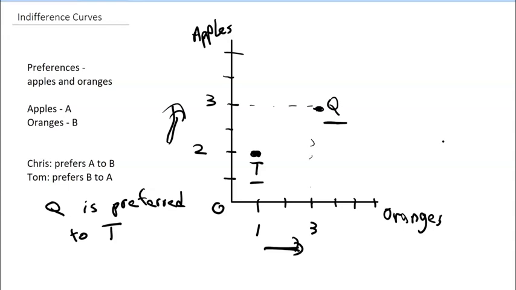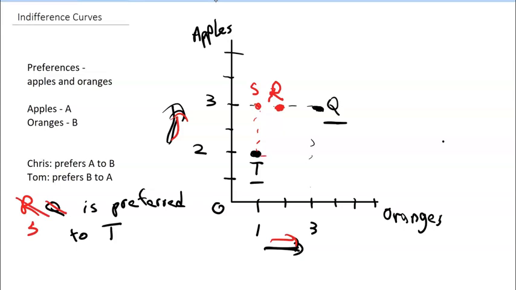Since Q is preferred to T, if I move to another point like here, this point has definitely more apples and more oranges. So this point R is also preferred to T. Same thing, I can go all the way up to this point, let's call it point S. S has more apples and fewer oranges, so S is also preferred to T. Same thing goes with all the other points here.